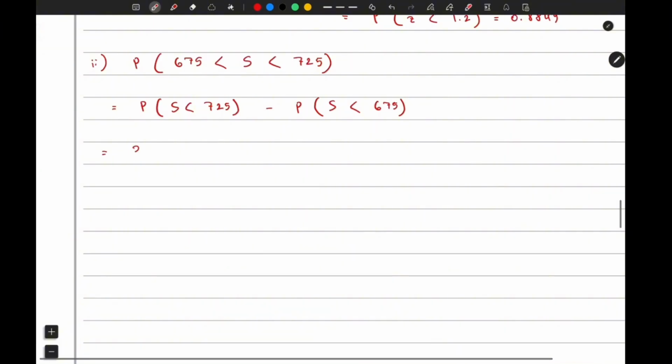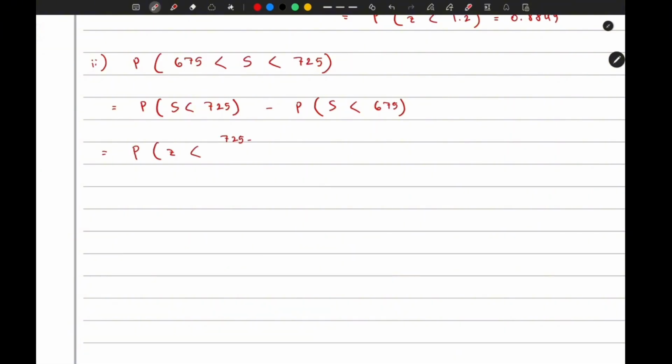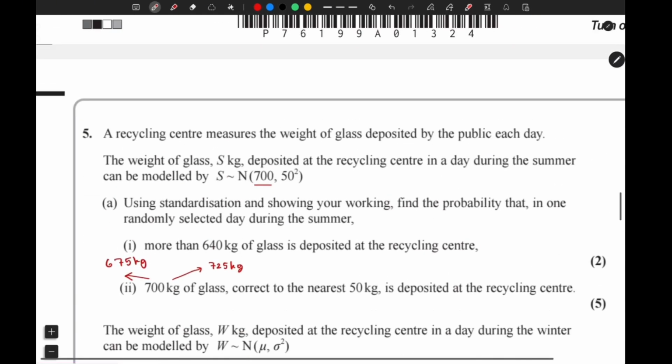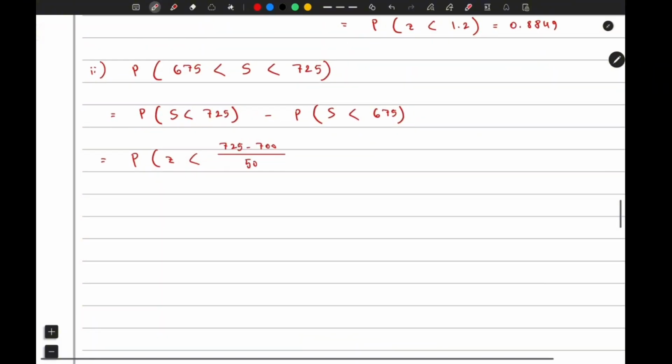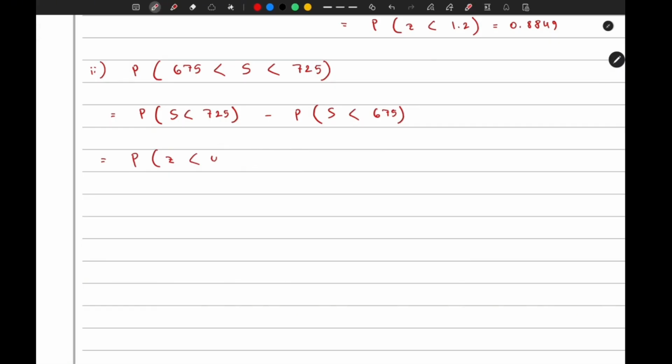Now we have to convert these values to Z. So Z is less than 725 minus the mean divided by the standard deviation. The standard deviation is 50. So this gives us a value of 0.5, minus the probability of Z is less than 675 minus the mean value divided by the standard deviation. So this will give us a value of negative 0.5.